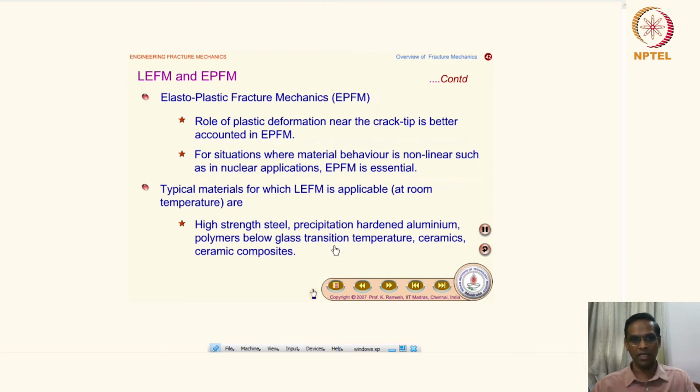We looked at tensile deformation, we looked at creep deformation, and how the viscoplastic models and all that we have talked about for polymers. So here also you can see that LEFM can be applied to this kind of polymeric material below Tg and ceramics materials and ceramic composites and so on.